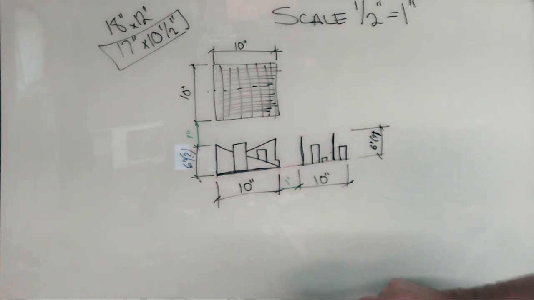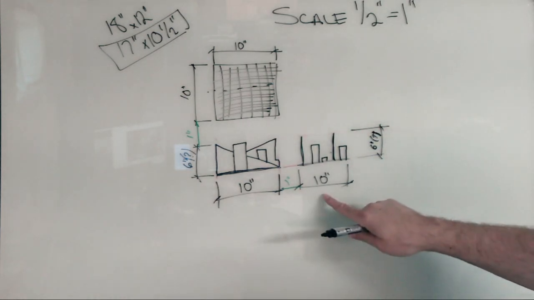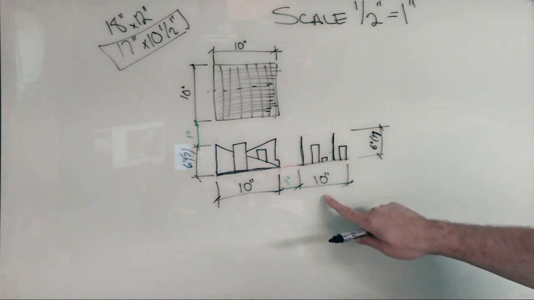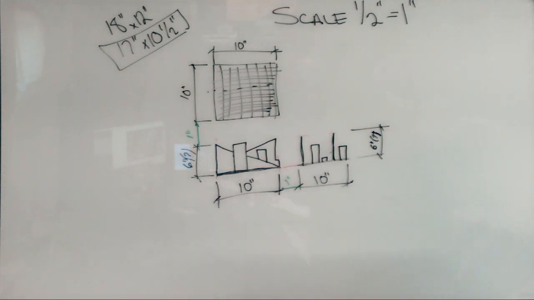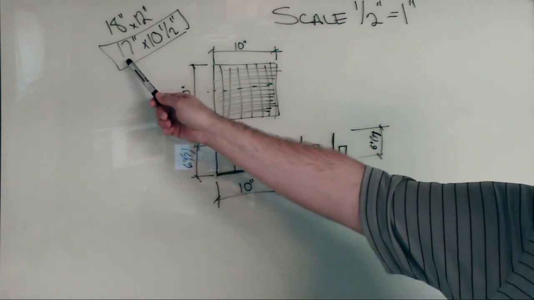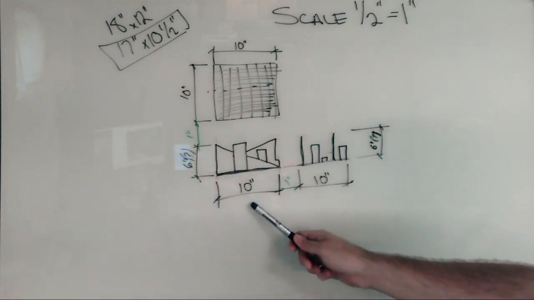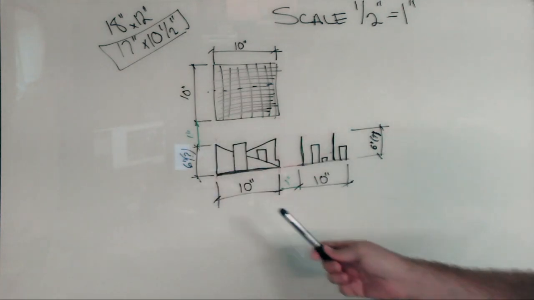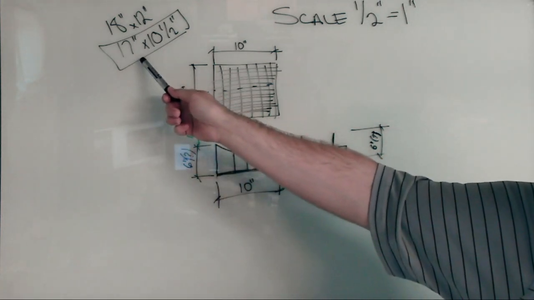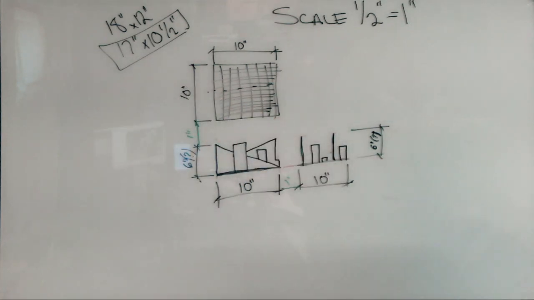Now, what might be a problem with keeping these at real true scale? What's a problem with this? Can anybody identify a problem? You got it, right? Because if I add up 10 plus 10 plus 1, I've got 21. My piece of paper is only 17 inches wide. So we can't fit this.